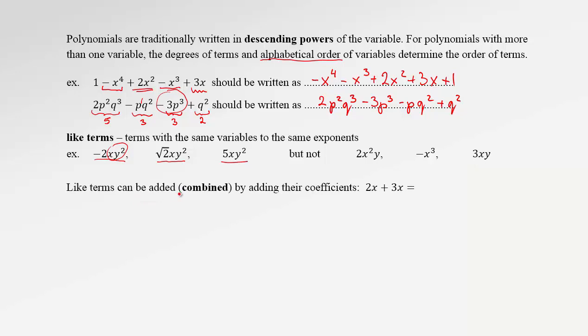Like terms can be added. Sometimes we say combined by adding their coefficients. How does it work? Let's say if we have 2x plus 3x, we can think of it like factoring the x out of the bracket. And then what's left to do is really adding the coefficients, 2 plus 3. So yes, it is 5x.